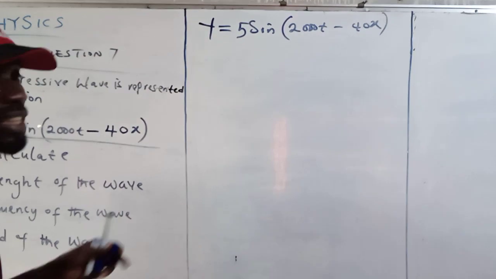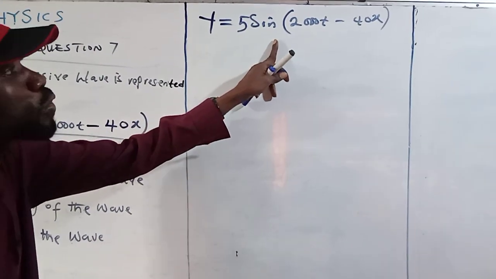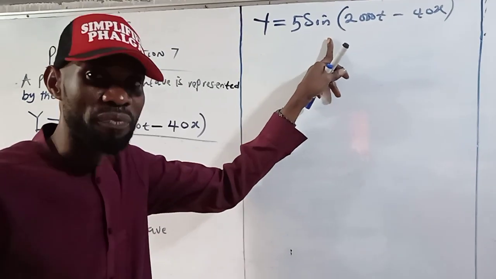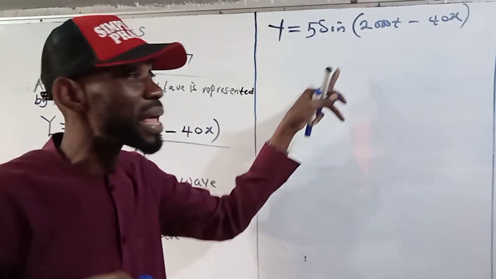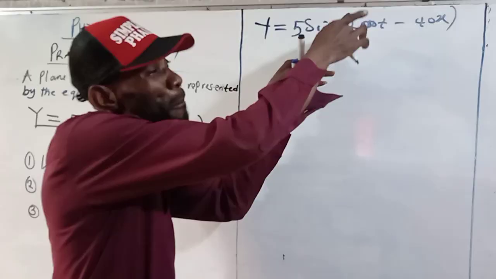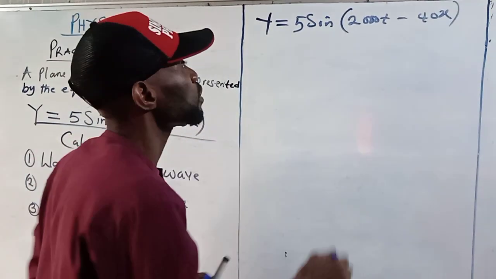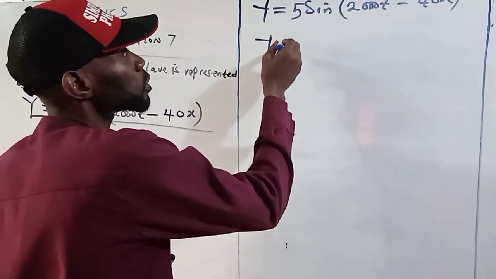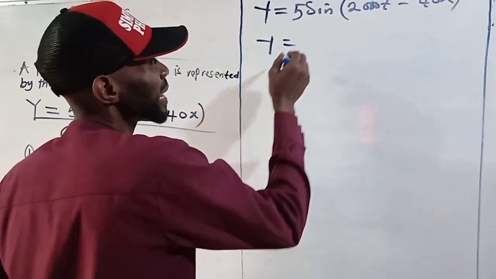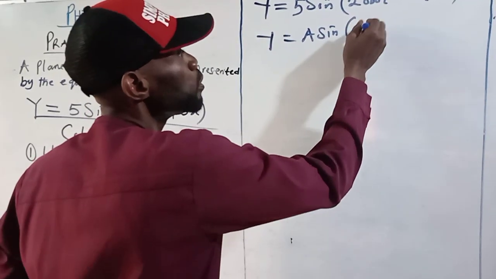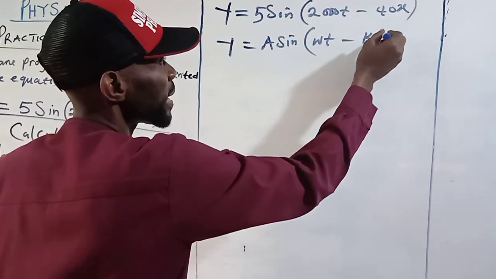The next thing is to compare this equation to one of the general equations of the plane progressive wave. We have several of them. You look for one of them that can complement this particular equation given to you from the question. One of such is y equals a sine (wt minus kx).